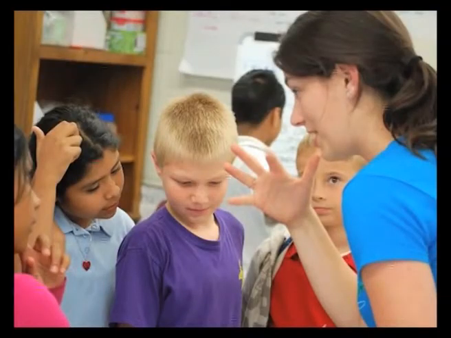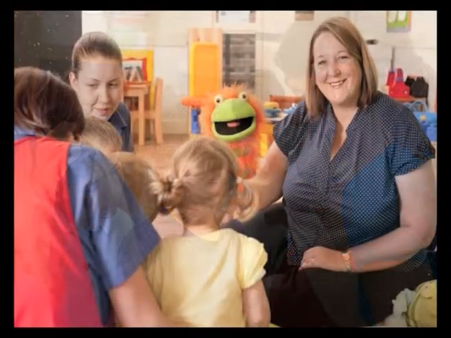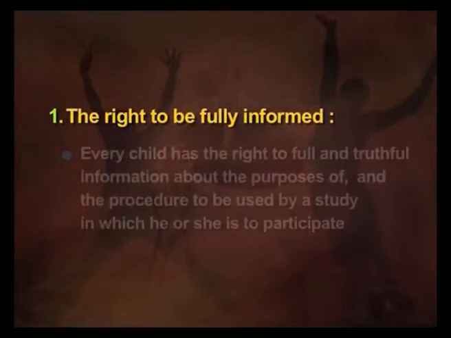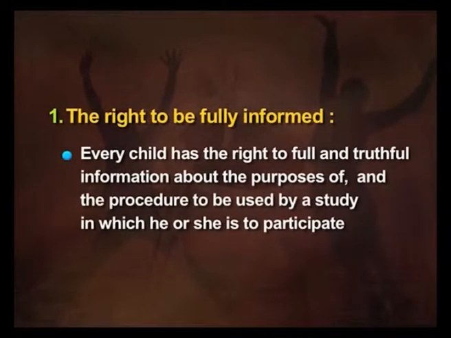As with any research, investigators working with children must be fully aware of the ethical standards that they ought to abide by. The first important ethical standard is the right to be fully informed. Every child has the right to full and truthful information about the purposes of and the procedure to be used by a study in which he or she is to participate.